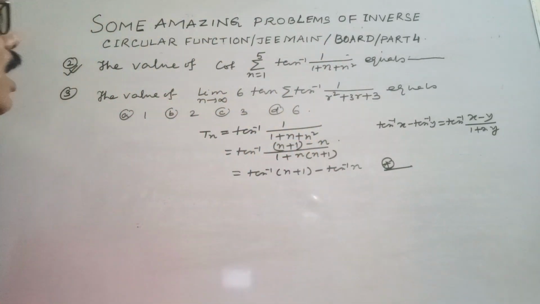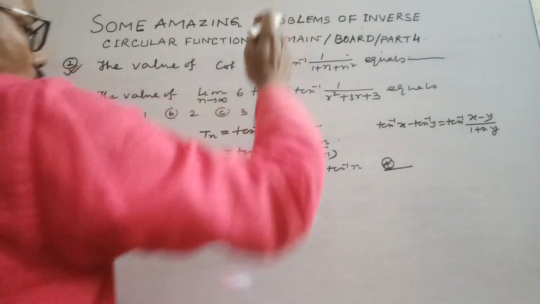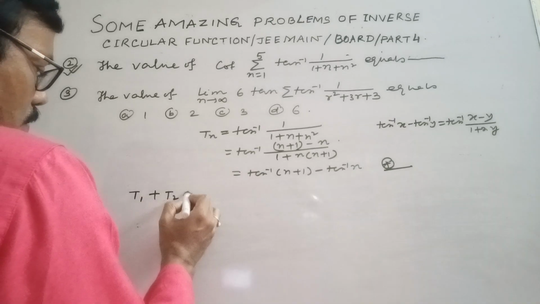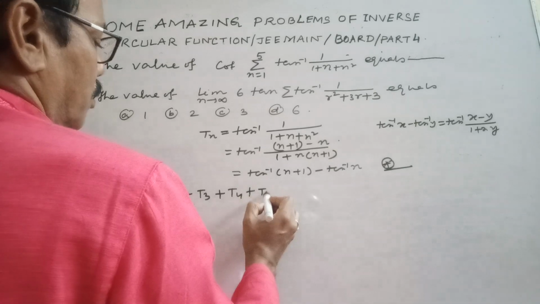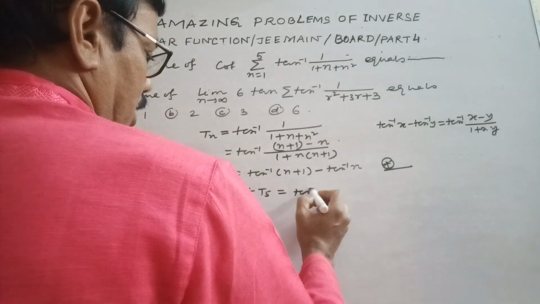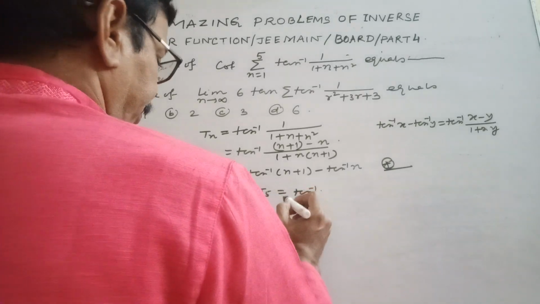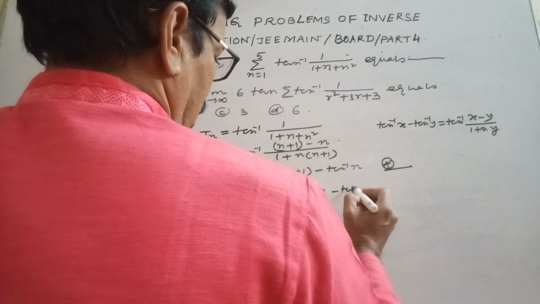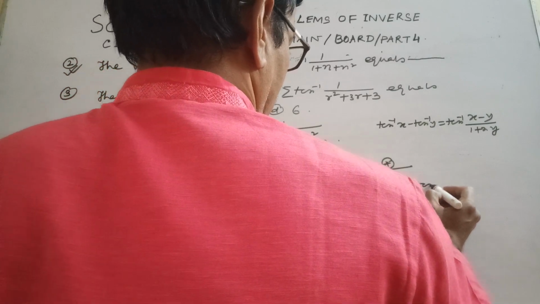Now here you have to find the sum for n equals 1 to 5, that is T1 plus T2 plus T3 plus T4 plus T5. So what is T1? Tan inverse 2 minus tan inverse 1. T2 is tan inverse 3 minus tan inverse 2.